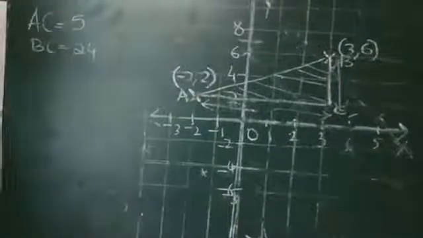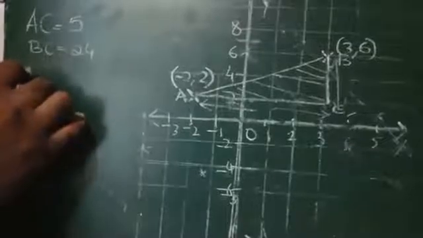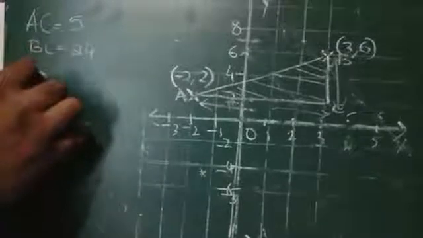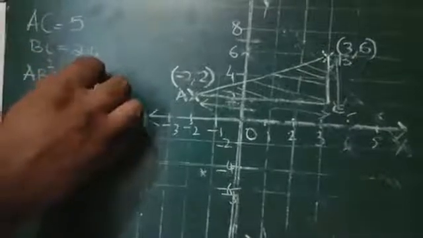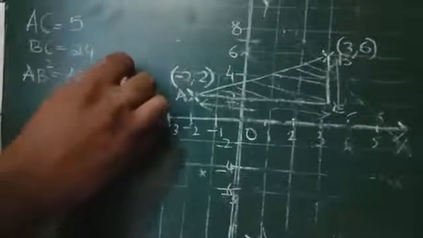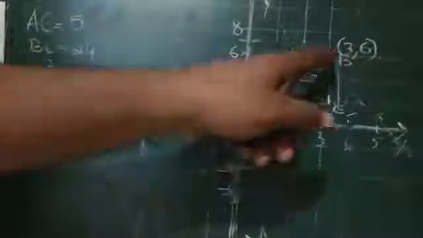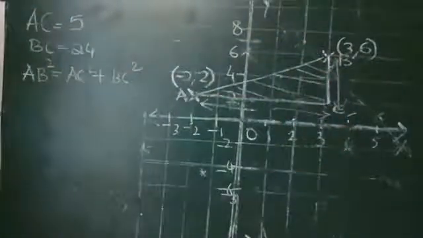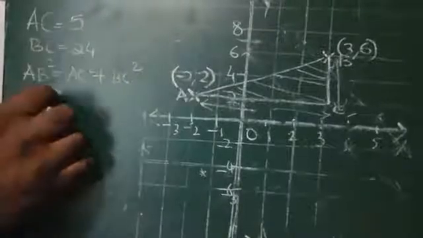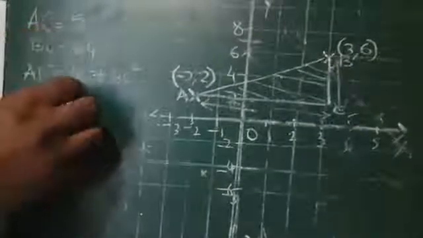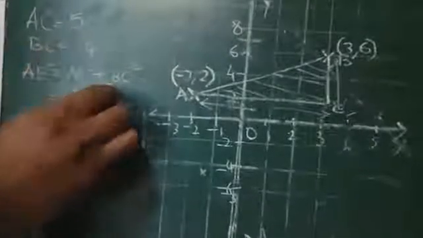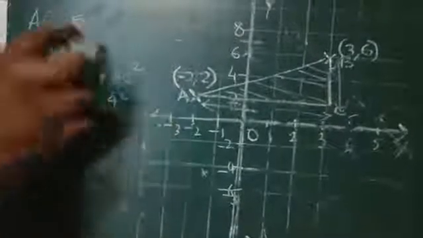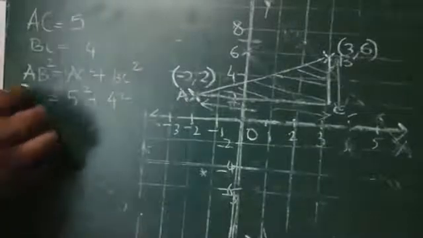Now by using Pythagoras theorem, we get AB squared is equal to AC squared plus BC squared. Because AB is the hypotenuse. So hypotenuse squared is equal to AC squared plus BC squared. That is AC squared 5 squared plus BC squared 4 squared. That is AB squared.